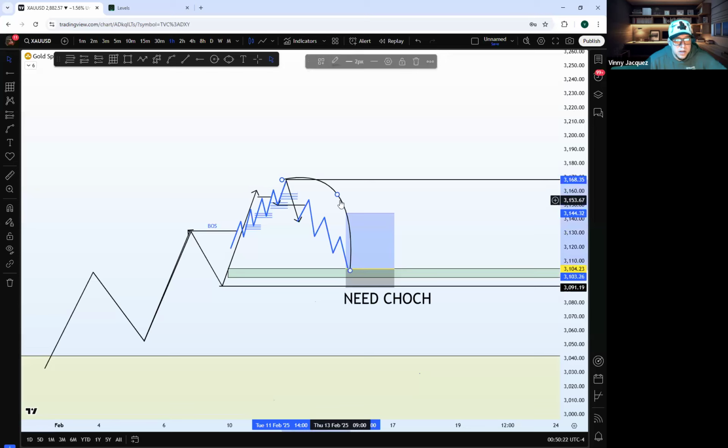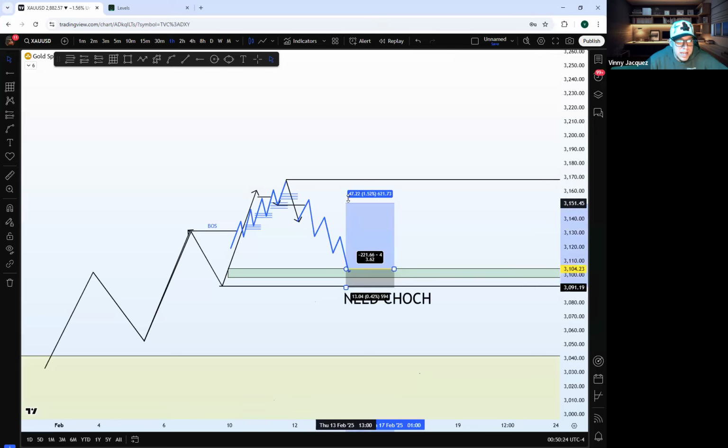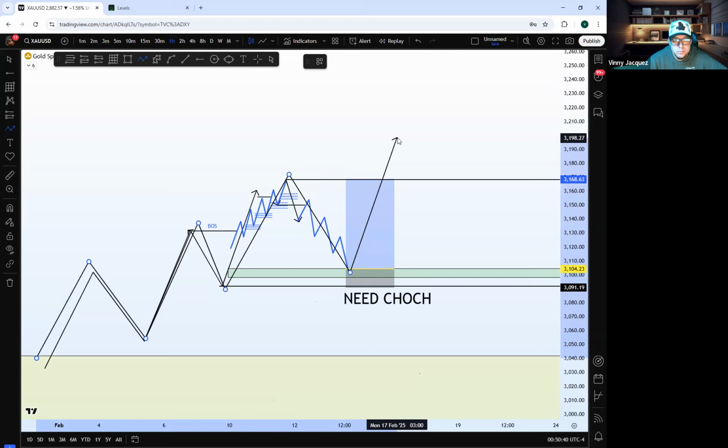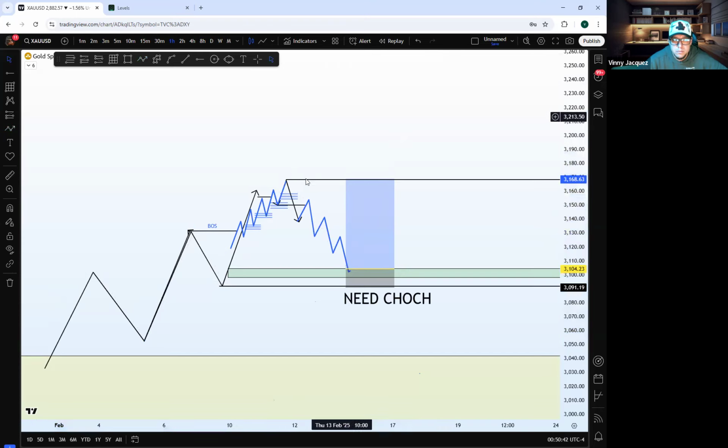This is how you continue the trend, guys. I want to take out these lower highs or higher highs, and that's how you get better risk to rewards, right? Higher high, higher low, higher high, higher low, higher high, higher low, higher high. Does that make sense, JV?